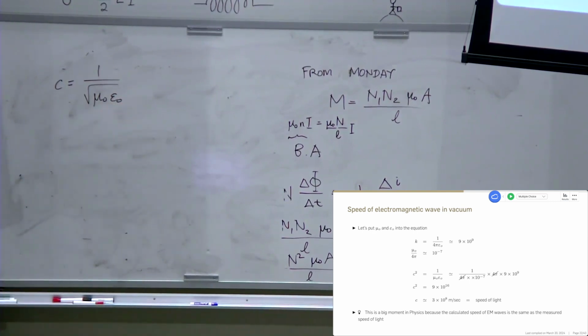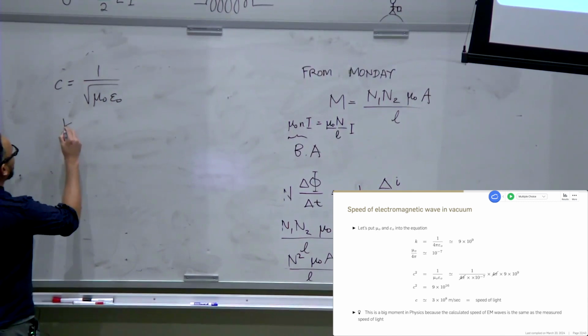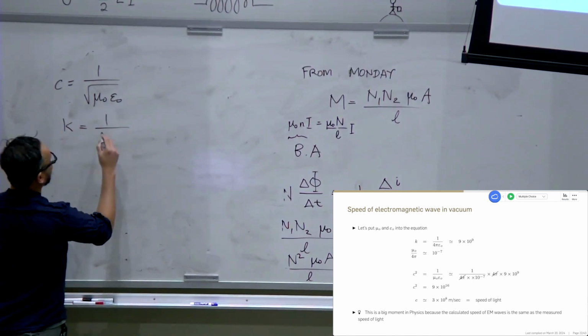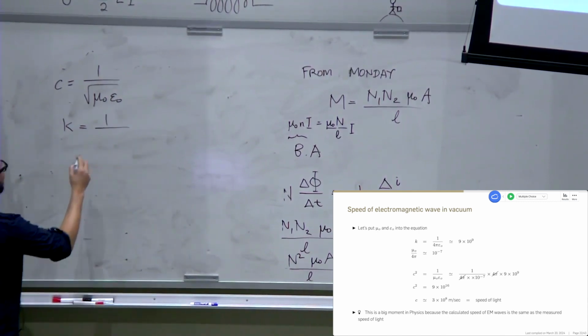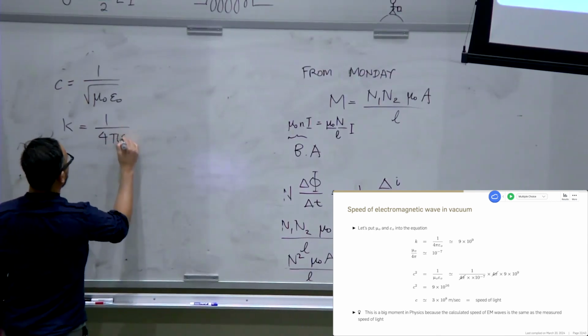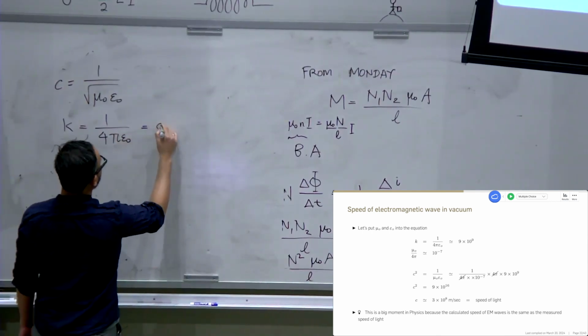Anyone still remember what that epsilon naught is? Okay, so this is how I like to remember it: 1 over 4 pi epsilon naught, and this is like 9 times 10 to the 9th.